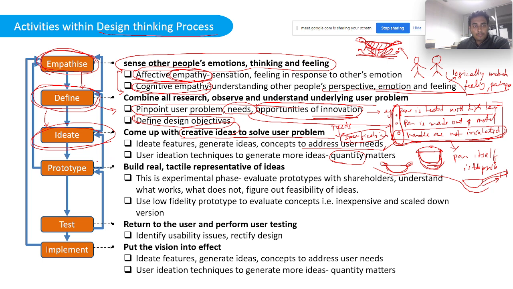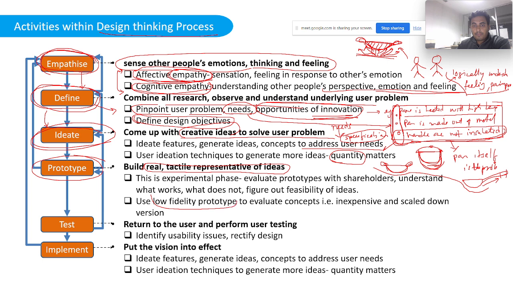Next is prototyping. Prototyping means to verify your ideas. You need to have some sort of tactile and real representation of your idea, and you try to see if these ideas work in a real environment. So basically you make very low fidelity prototypes.